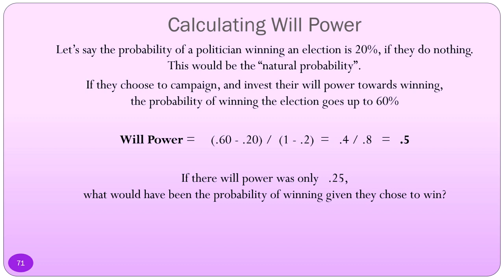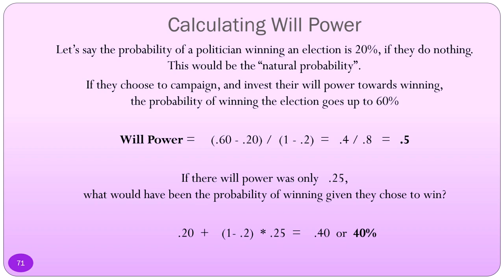And since the natural probability was 20%, it would be 20% plus 20%, or 40%. Okay, so that's how we can use an estimate of willpower, if you were to know it, to calculate what the new probability was going to be.